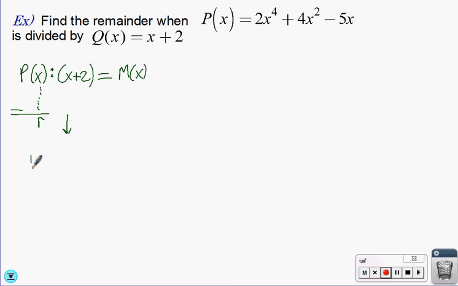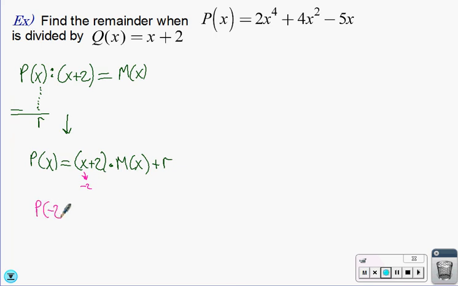The biggest one, px, equal to x plus 2 times the result and plus r more. So I want to find only the r. I don't care about the rest of this part. Check that. If you put minus 2 instead of x, what happens?